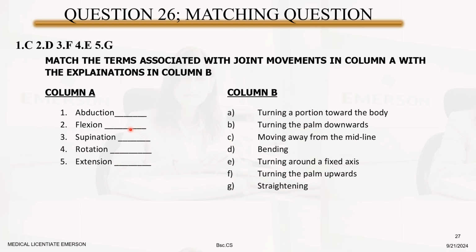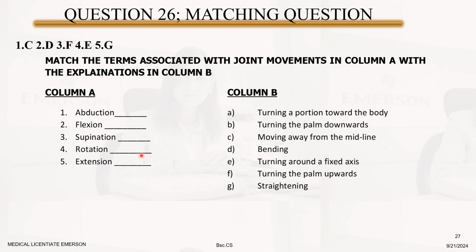Then flexion, two is D, which is bending a joint. Then 3F: supination is turning the palm upwards.